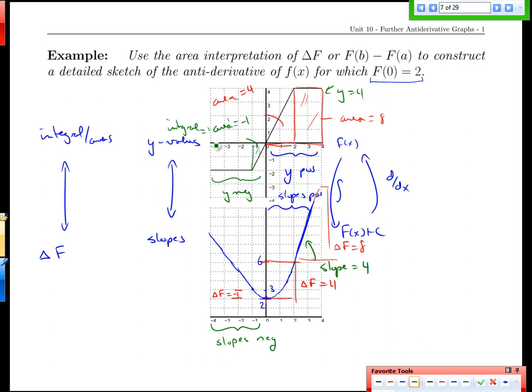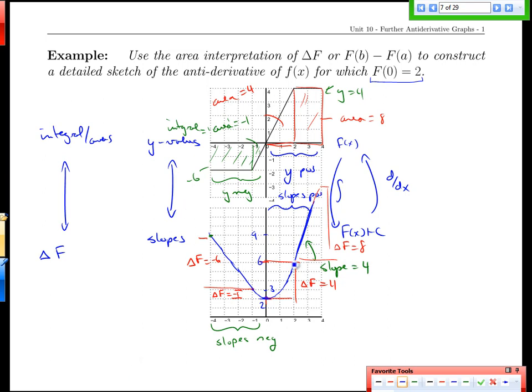The integral of this region here would be -6. So from here down to this point here would be a change in f of -6. And so that would give us a y value here of 9, which fits in nicely with the way we sketched out the slopes as well.